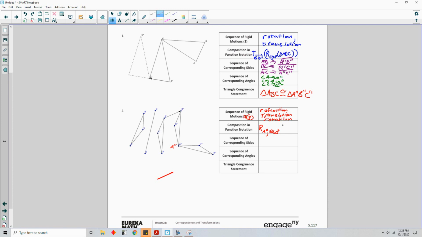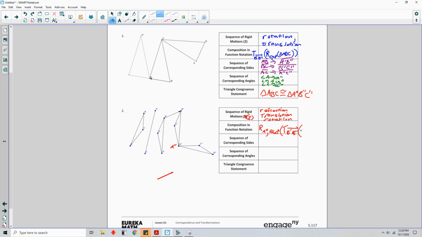All right, and then you put a parentheses. Then what was done? So we're working backwards. Well, then we did a translation of B prime, B double prime, and I put a vector on top of it like that. Okay, and then another parentheses. I don't want to write over my stuff, move that. Another parentheses, and then it was a reflection.